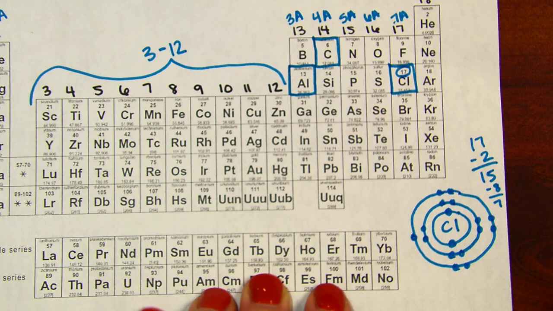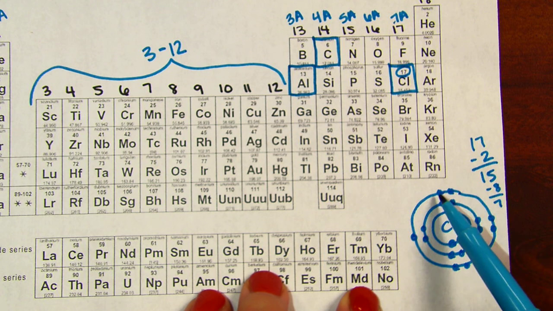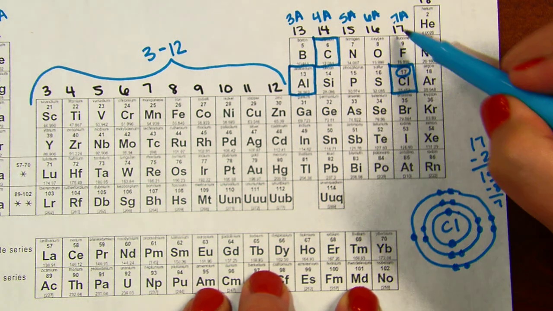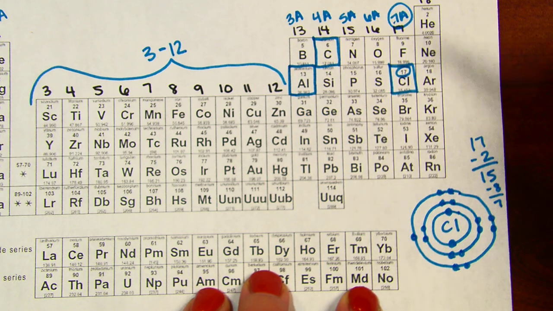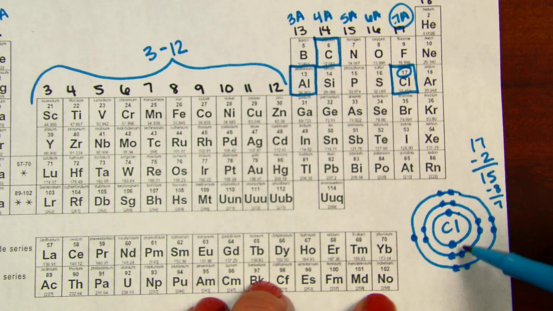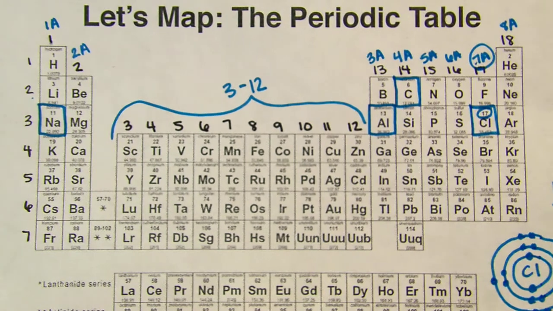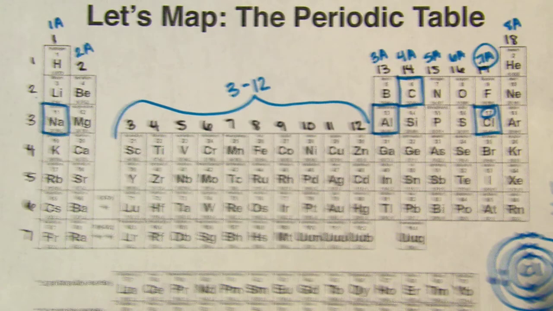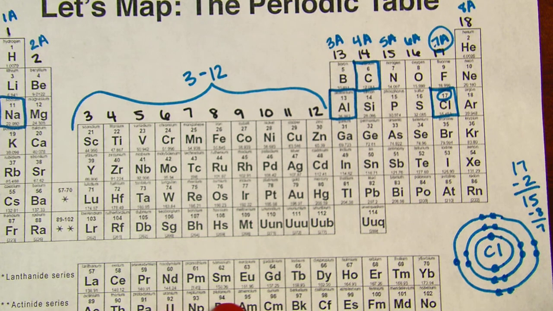Now let's check. Our valence electrons, 1, 2, 3, 4, 5, 6, 7. Perfect. Chlorine is in group 7A, telling us it has 7 valence electrons. Our orbitals, 1, 2, 3. Chlorine is in period 3, telling me that it has 3 orbitals in its Bohr model.